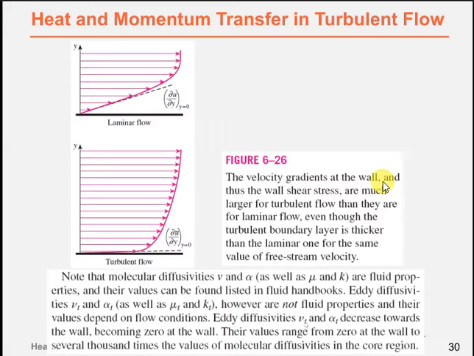The eddy diffusivities mu_t and alpha_t decrease towards the wall, becoming 0 at the wall. Their values range from 0 at the wall to several thousand times the values of molecular diffusivities in the core region. So mu_t and k_t are not fluid properties. They depend on the flow condition.